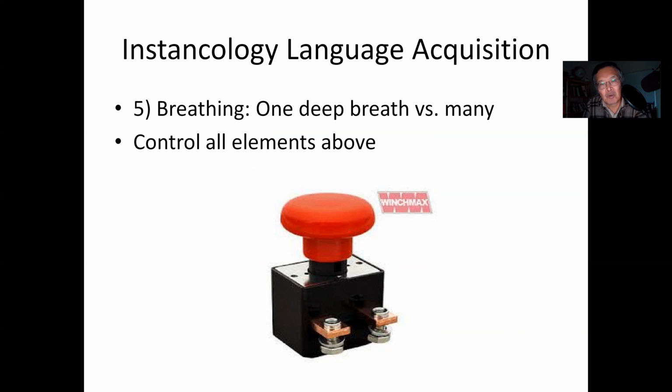We talked about four things above. How can you control them? How can you learn them? Is there a master switch which controls everything and combines everything together? Yes, there is. That is the breathing method.